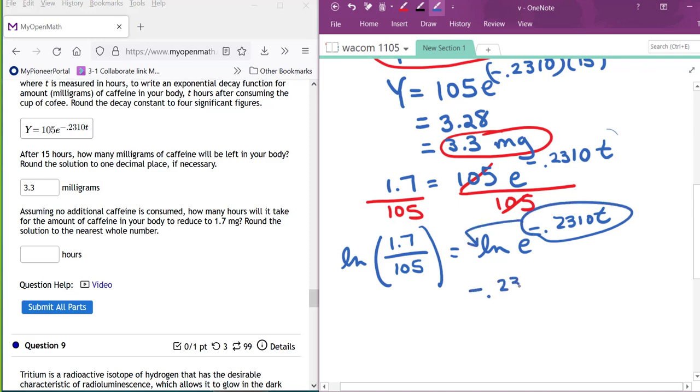Negative 0.2310t. ln of e, which is equal to 1, so it doesn't matter. Right, I'm going to take a little shortcut here, and I'm just going to go ahead and divide by this negative 0.2310 rather than rewriting that step.